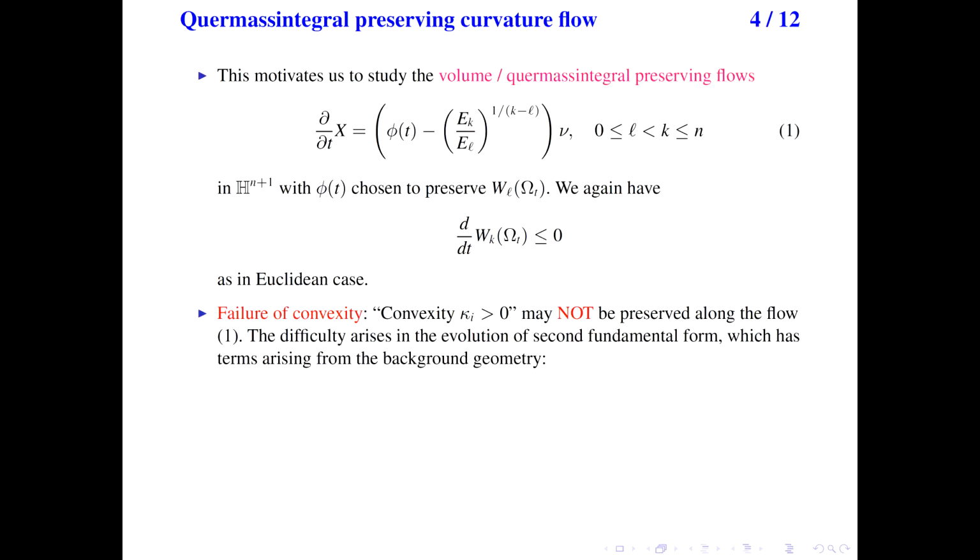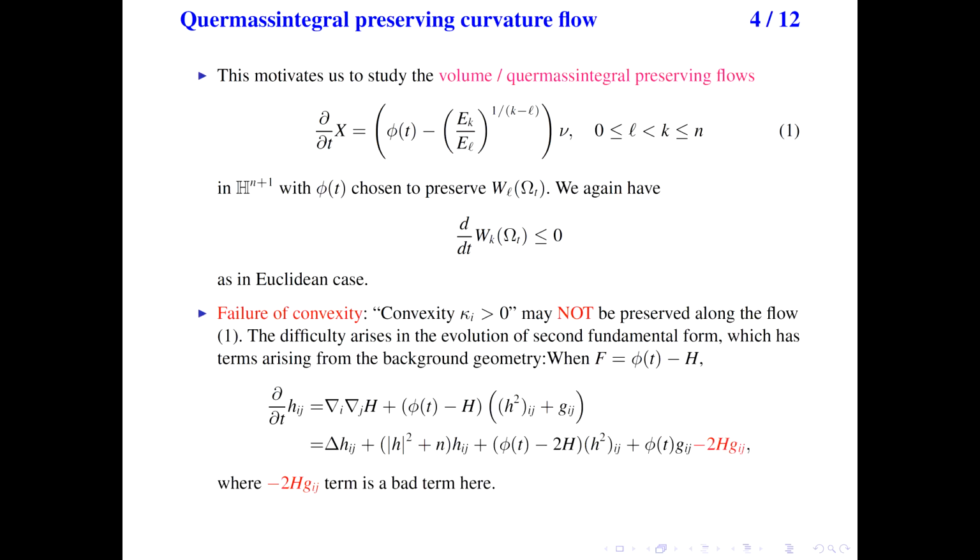This difficulty arises from the evolution equation of the second fundamental form, which has some terms arising from the background geometry. For example, if we consider the volume-preserving mean curvature flow, then the second fundamental form h_ij satisfies this evolution equation, and there is some negative term, minus 2h times g_ij.